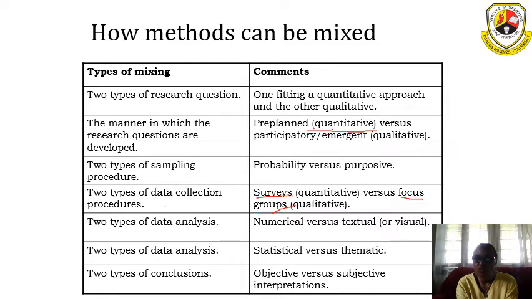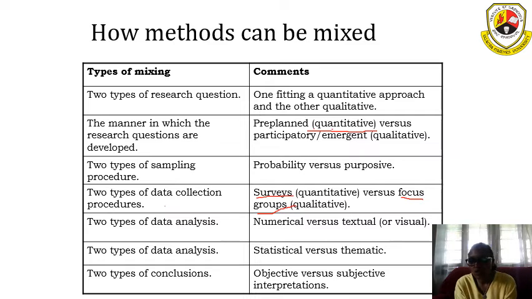Same thing goes for data analysis, when somebody has some numerical data and then another is textual or visual data. Numerical is quantitative, textual or visual is qualitative. And the same thing goes on and on. Here in the second last, when you look at statistical versus thematic, it also goes back to the data types you've selected.